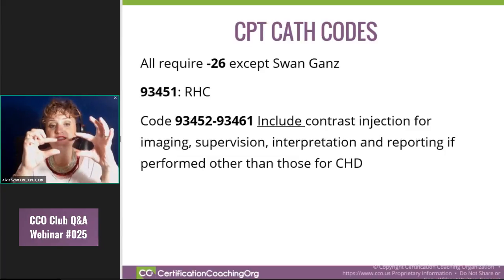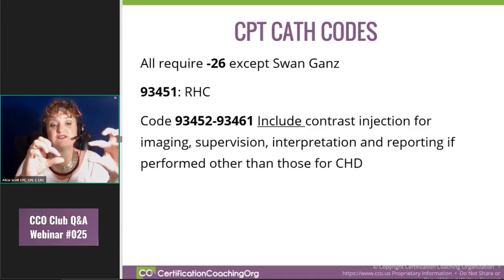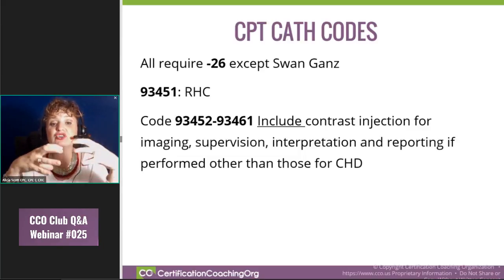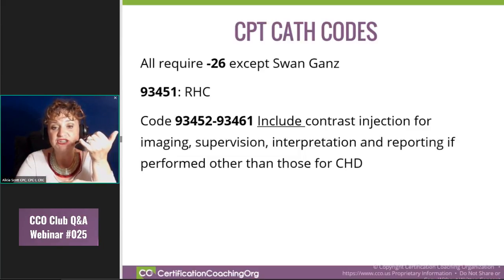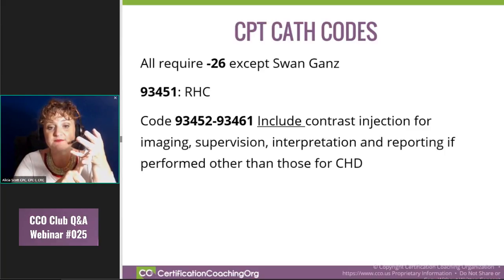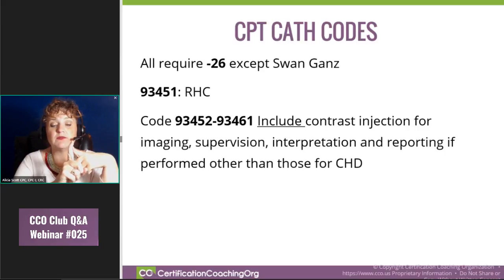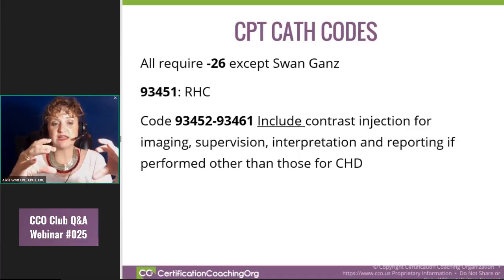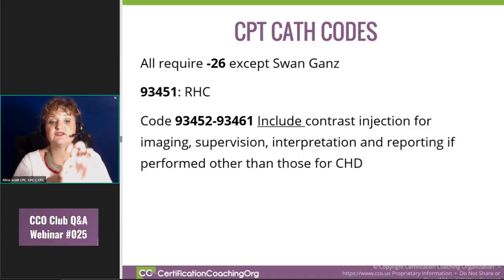In this code range, all of those codes from 52 to 61, be aware that it's going to encompass and include the contrast injection, the supervision, the interpretation, and the reporting, and that is all for anything other than if the patient has CHD. So again, the bulk of what we're dealing with is the code range 93452 through 93461, and it's really actually not a lot of codes.